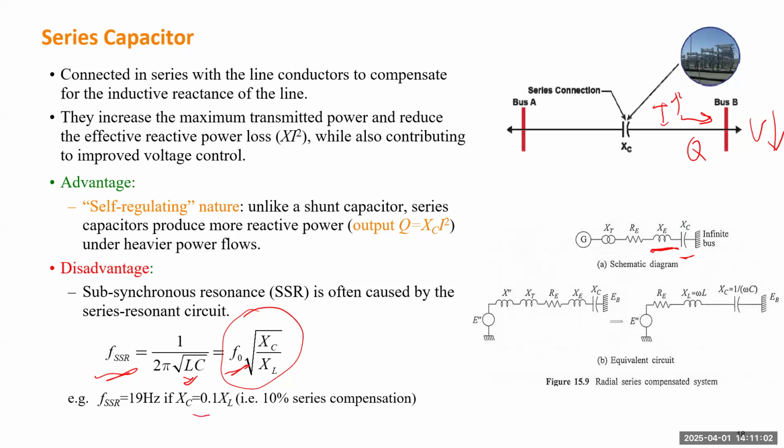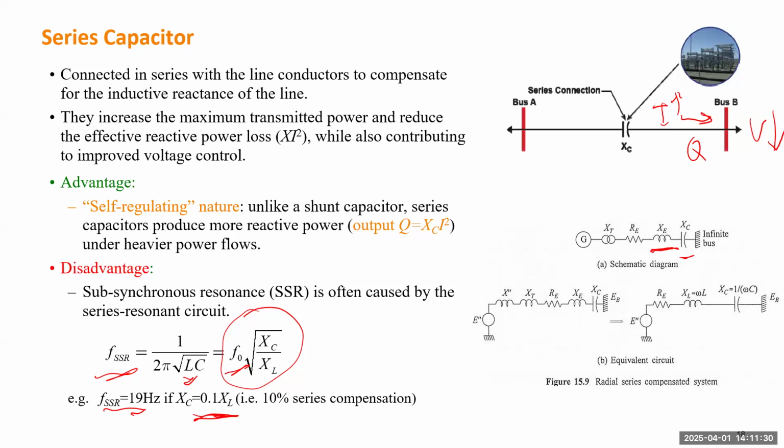So if we compensate 10% of the transmission line, you are going to generate a 19 Hertz subsynchronous oscillation. This becomes a more significant issue, especially for wind farms, because a wind farm usually is built far from any city, where you have very rich wind resource.